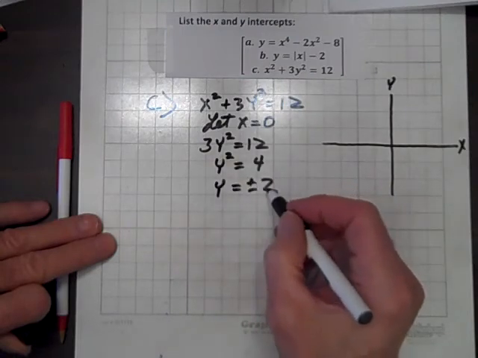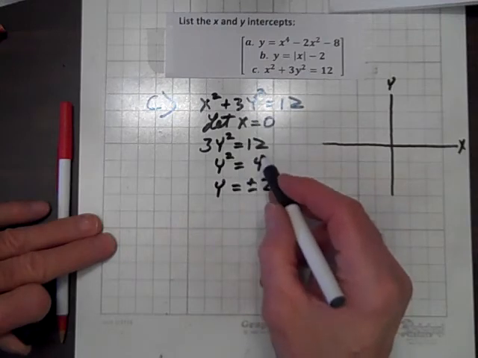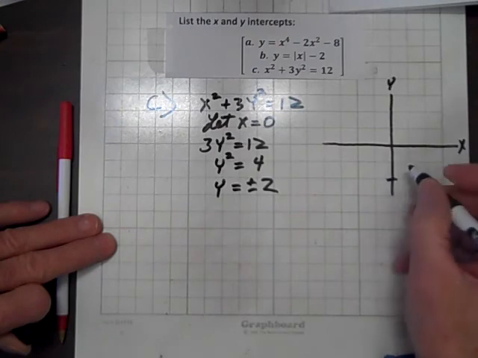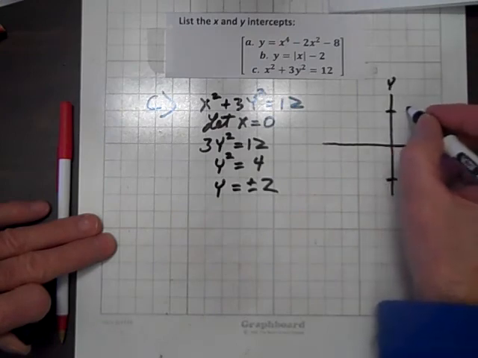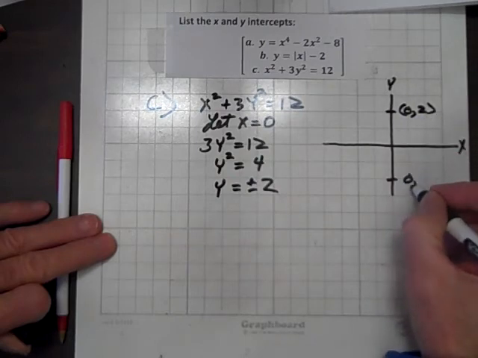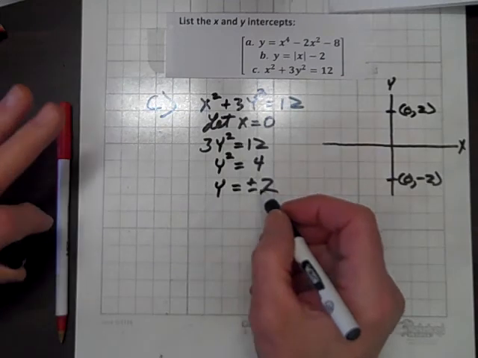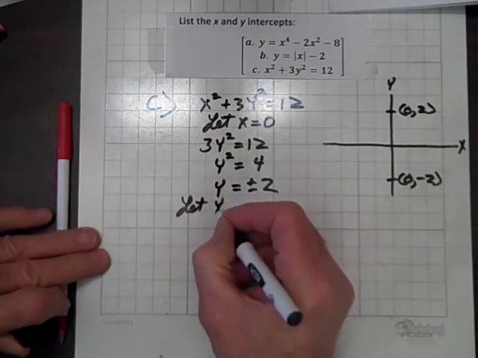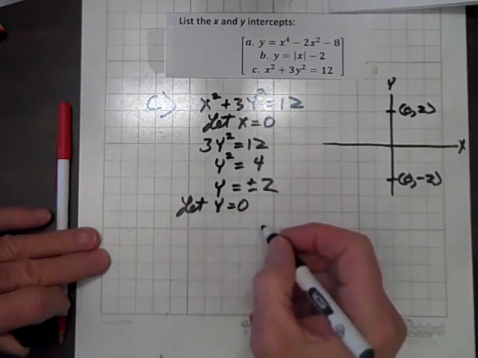Now notice if you square negative 2, you get 4. If you square 2, you get 4. So our y-intercepts are 0, 2, and 0, negative 2. Now to find the x-intercepts, as always, we'll let y equals 0 and solve.